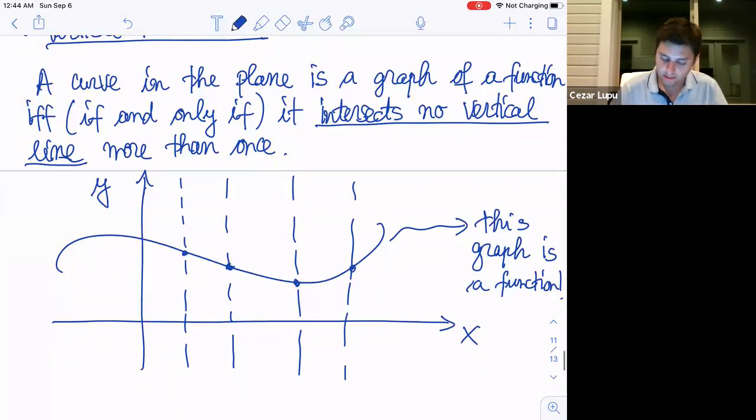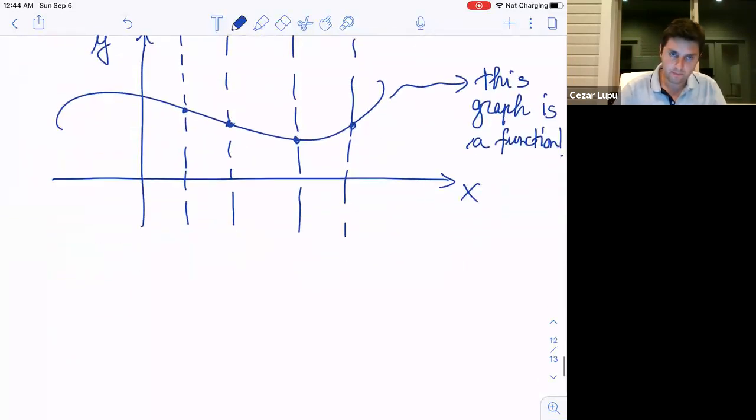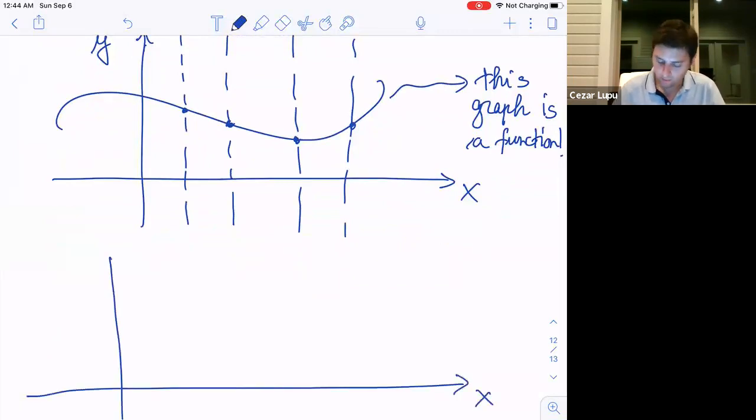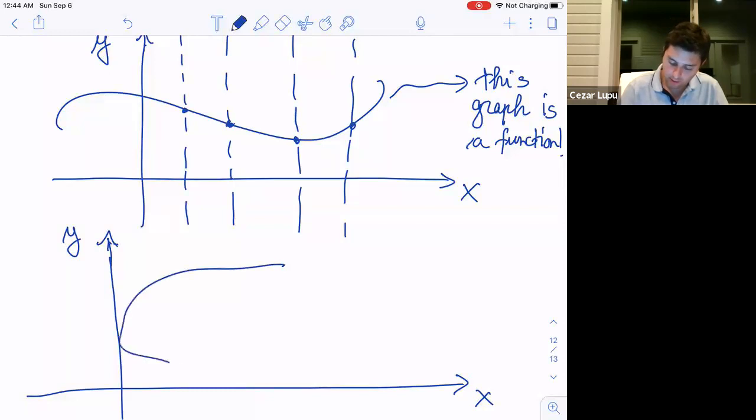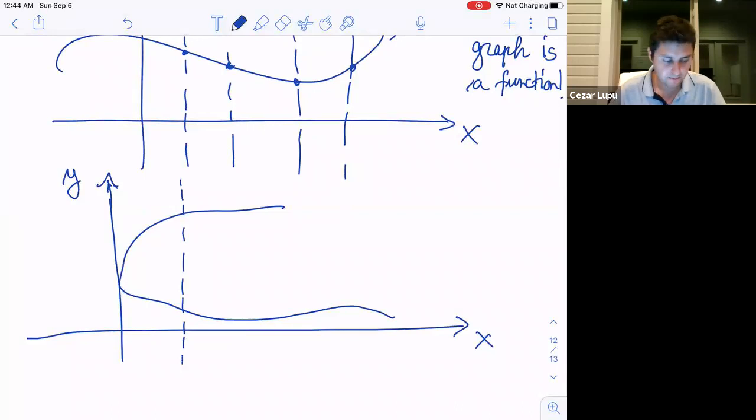All right, now let's see another picture. Not quite the same, you will see. Now let's say I have a curve that goes like this. As you can see here, if I take a vertical line, this vertical line intersects the graph at two points.